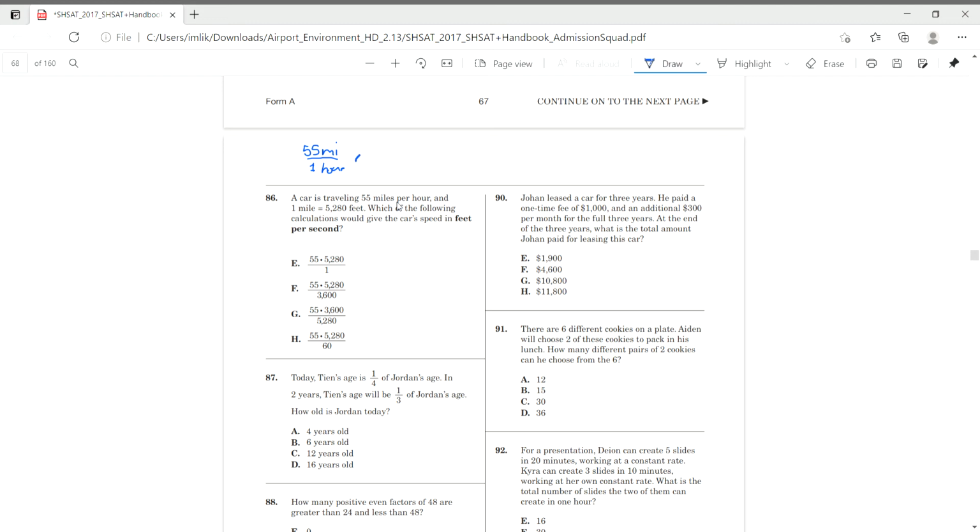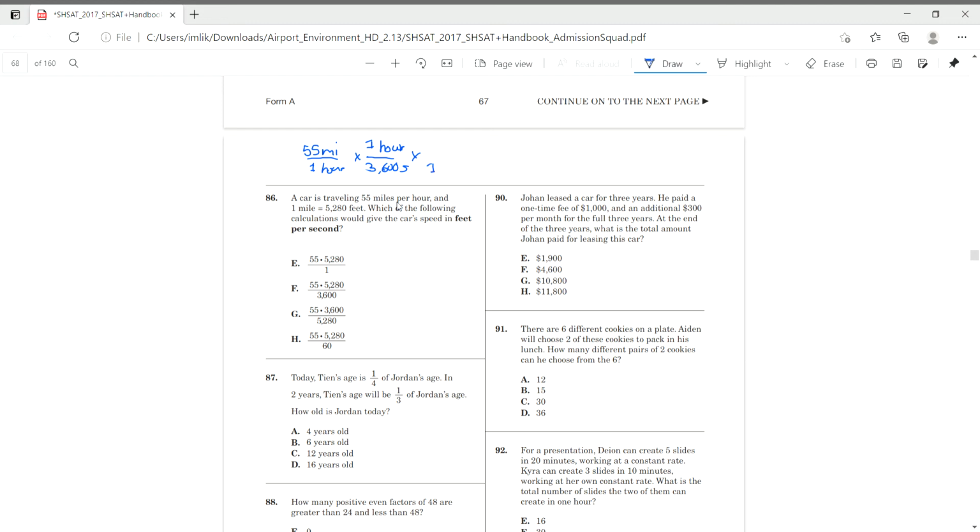Now we want to go from hour to second, so we want to cancel out our hours. So we'll put 1 hour in the numerator. And we want seconds. So how many seconds are in an hour? You should know that there's 3,600 seconds in an hour. So now these 2 hours are going to cancel out. We're left with seconds. But we still have miles, so we have to cancel out our miles.